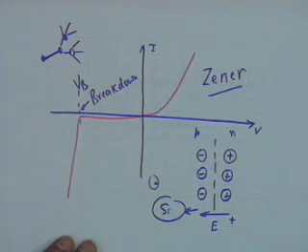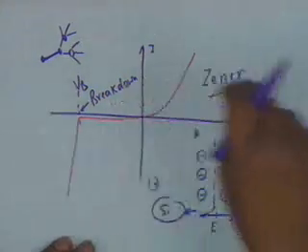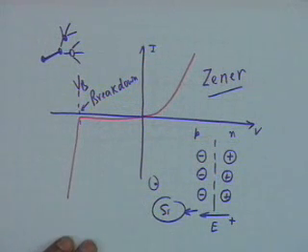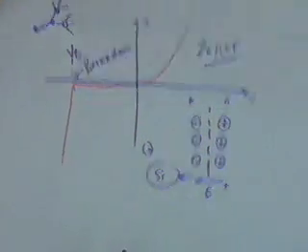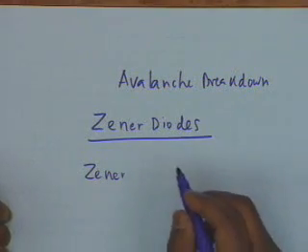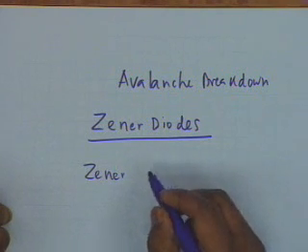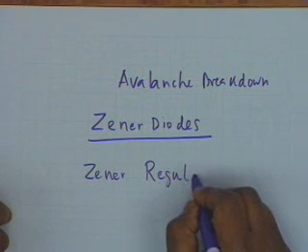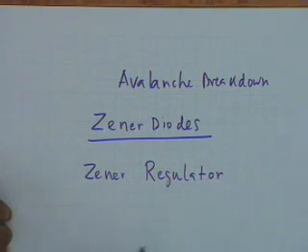It's a voltage source, keeps its voltage constant irrespective of the current, and therefore the Zener can be used as a voltage source, which means that you can stabilize voltage across a load. The circuit that uses a Zener diode to make such constant voltage across a load is called a Zener regulator.